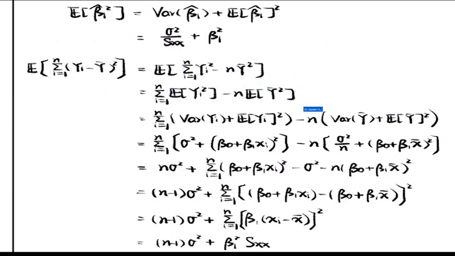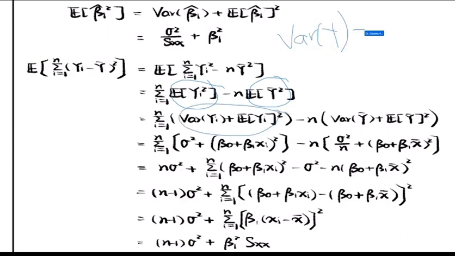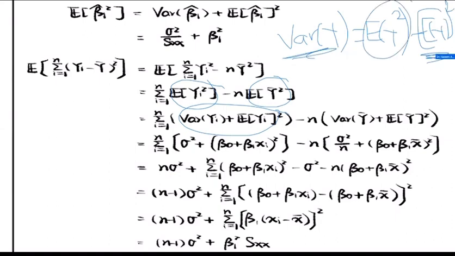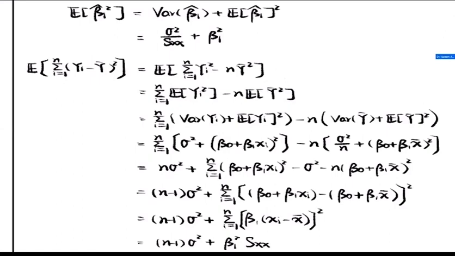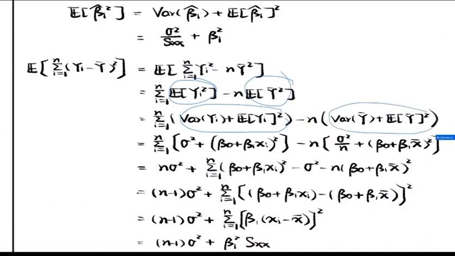Right now, I need you to focus on this one. What is the expected value of y squared? Remember, the variance of y is the expected value of y squared minus the expected value of y, squared. So it's going to be this plus that. Similarly, the expected value of y bar squared is going to be that. You're just changing y for y bar.